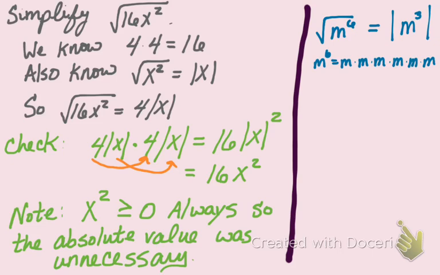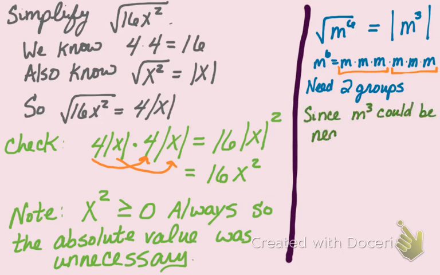And when I'm taking the square root, I'm trying to find an expression that when multiplied by itself twice, so it's 2 groups, I'm going to get m to the 6th. So we need 2 groups out of these 6 m's. So that means there's 3 m's in each group.